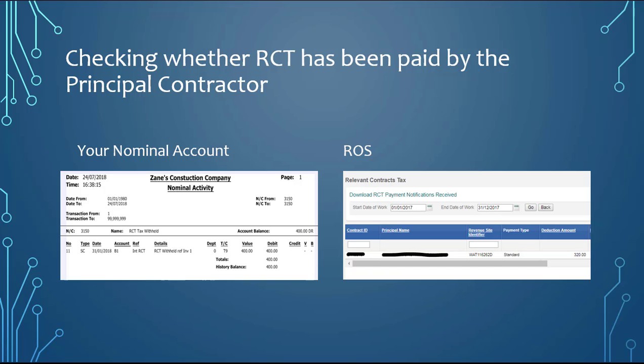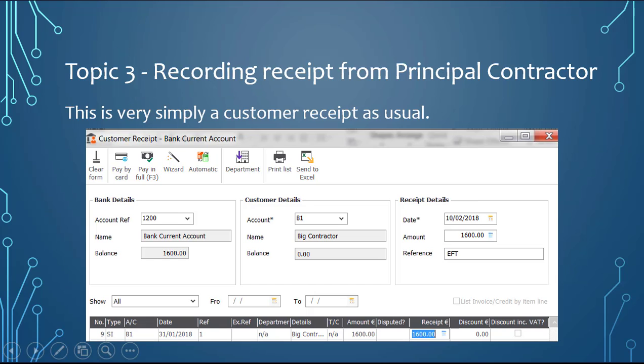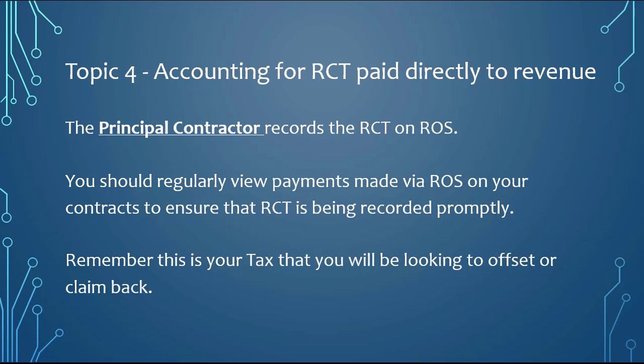That is with regard to checking to see that the principal contractor has recorded the payment and has actually paid that amount to revenue. So again, if we just click here and we say, what did we want to look at? We wanted to look at recording that receipt, which is very straightforward, and also then accounting for that. So checking to see that it has actually been paid, that the principal contractor is doing what he is supposed to be doing. And although it is his responsibility, it of course is up to you to make sure that what is supposed to be happening is actually happening.